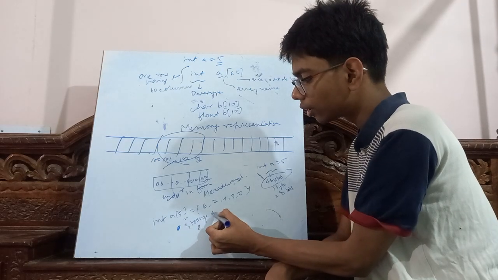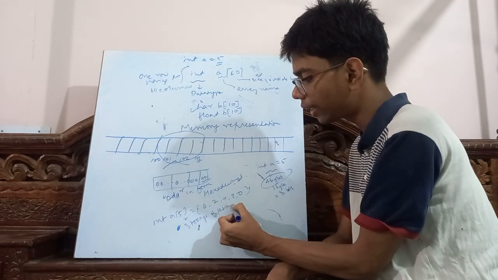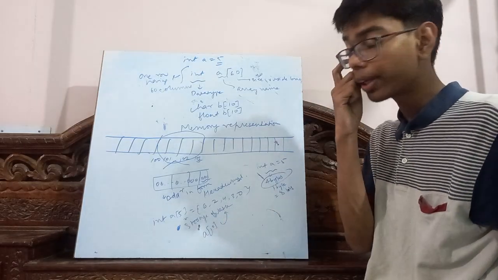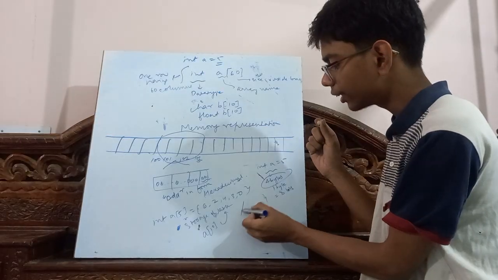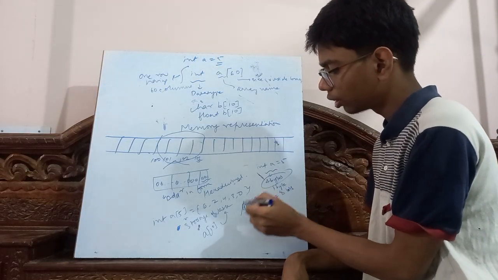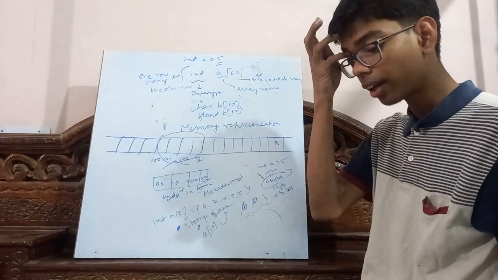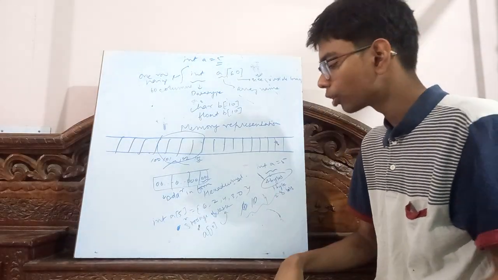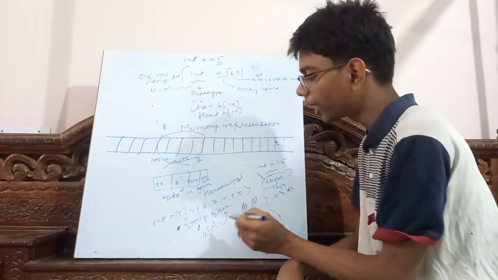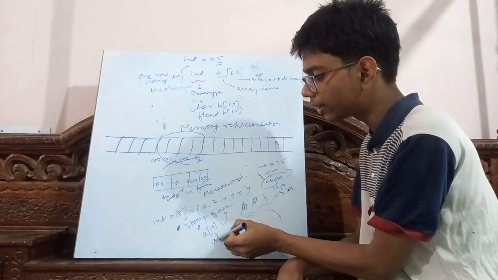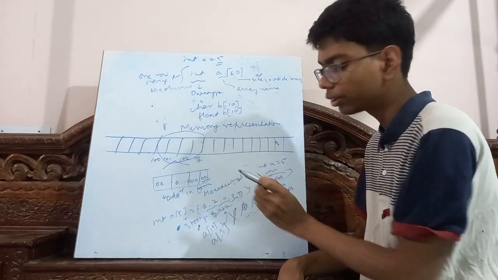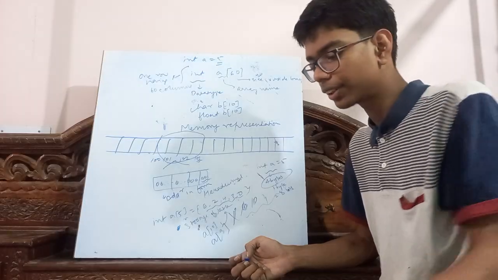Suppose I take an array of size 10 and I store only 5 elements. The remaining 5 places will be null elements, so there is a wastage of storage. Also, there might be a lack of storage. Suppose I declared an array of size 3, but I have to store 5 elements. I cannot store 5 elements in an array of size 3.